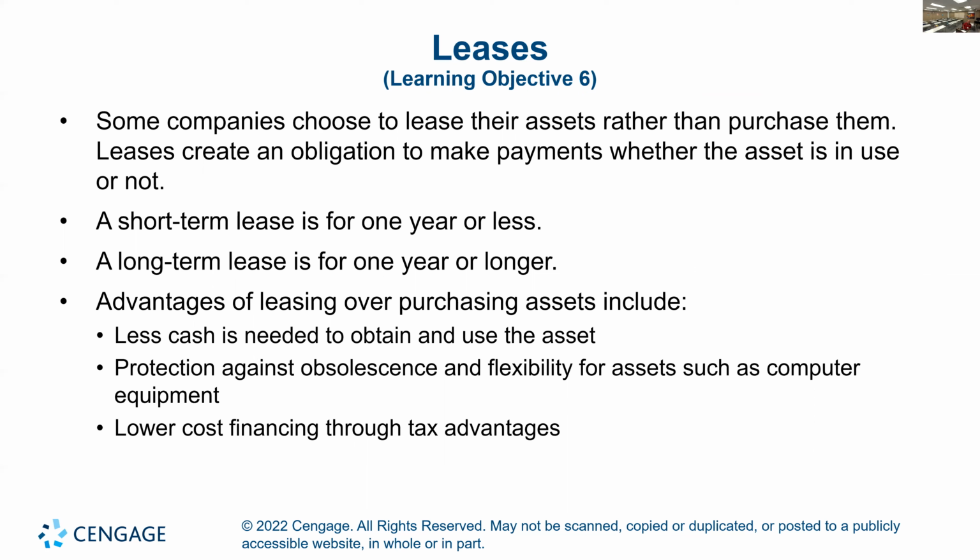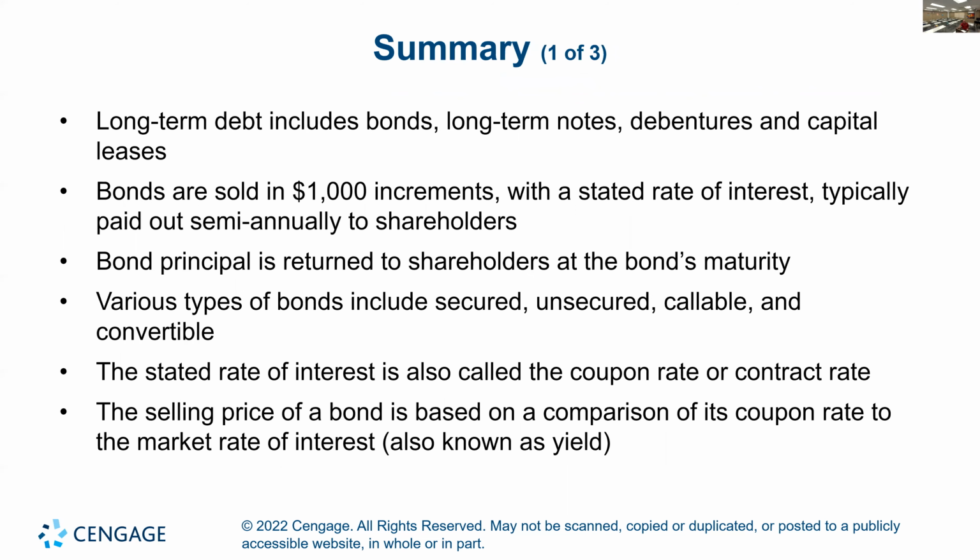But what they were actually doing in their accounting practices was a legal loophole that had to deal with leases. So if you move on and you're going to be an accountant, this will be something to study, a great study in your master's class. But know that leases are long-term debts when they're for 1 year or more.